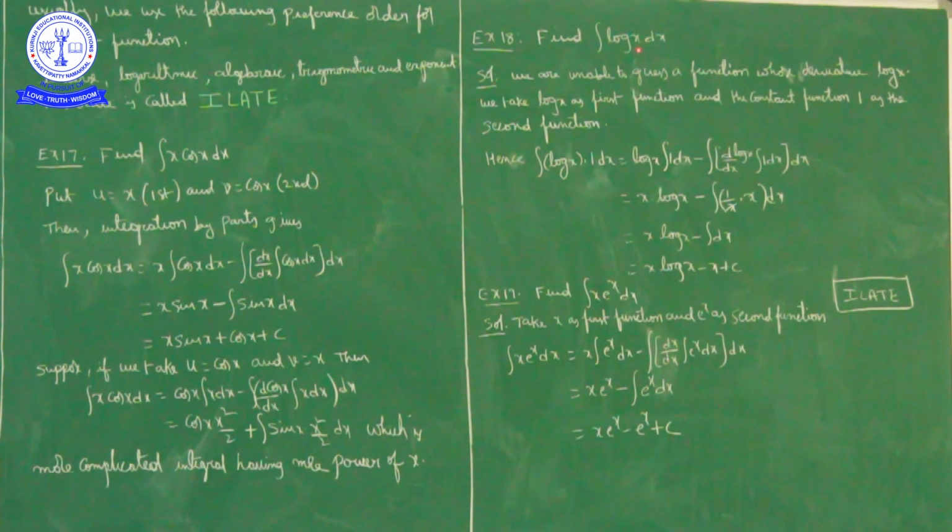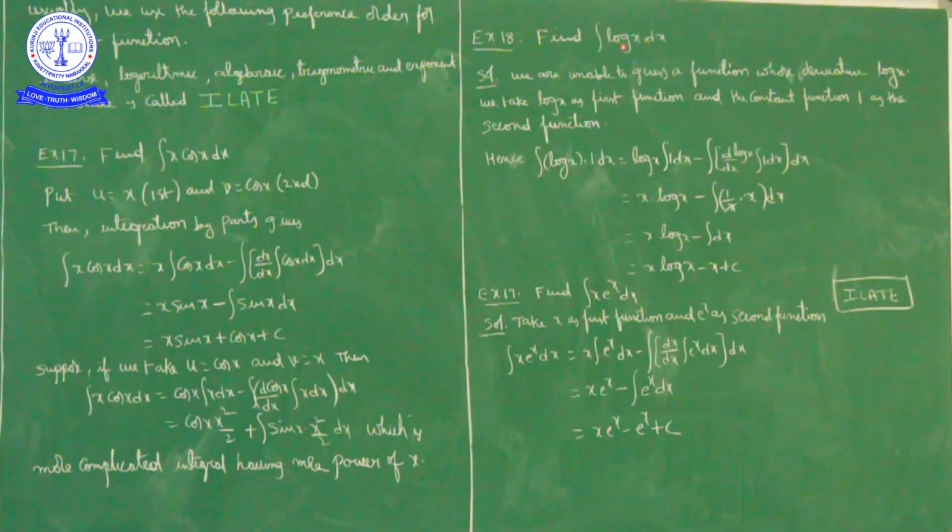Next question. Find integral of log x dx. Here if you observe, only one function is given. What is it? Log x. We don't know a direct integration formula for log x. So it is not a directly integrable function, only one function given.